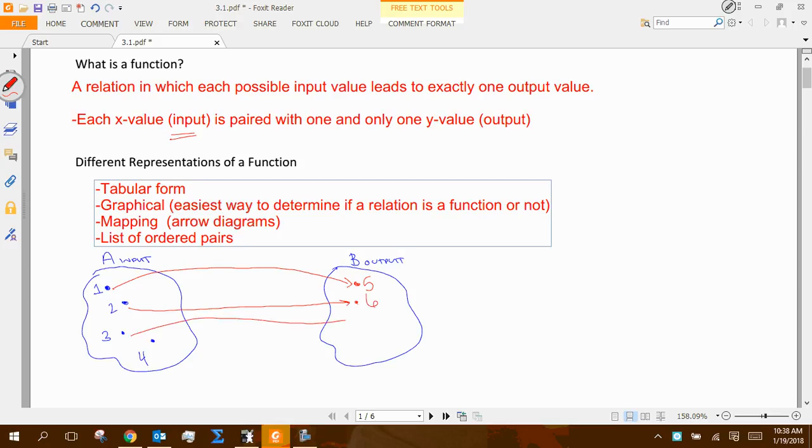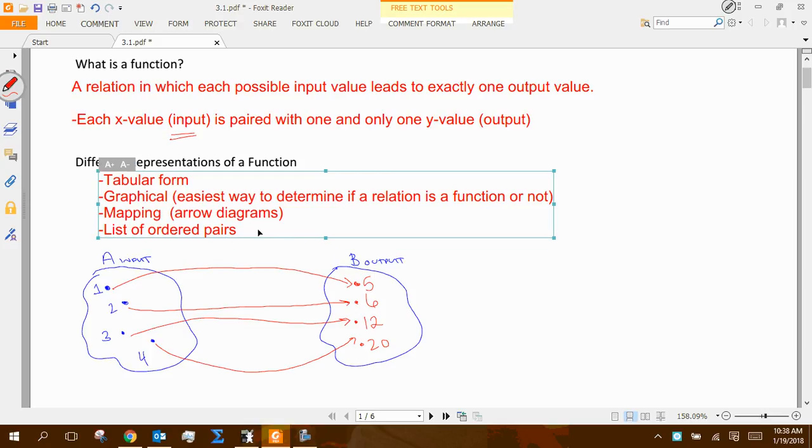This 3 might get paired up with 12. And then this here gets paired up with maybe 20. So that would be considered a mapping, and we see here that each x value, each input, is paired with one and only one output. So this is a function, and meets that definition.